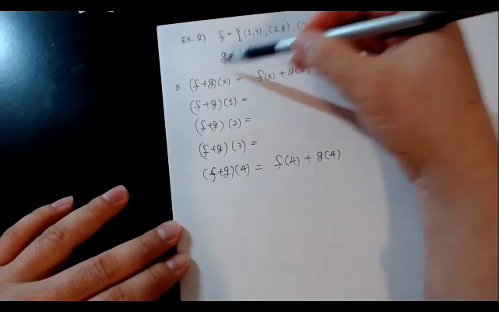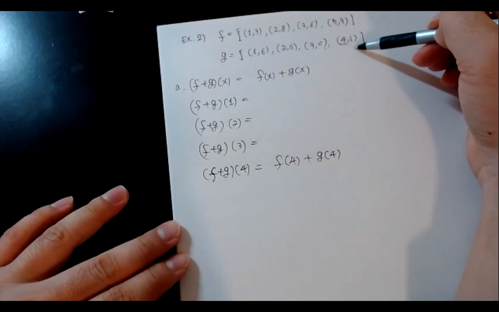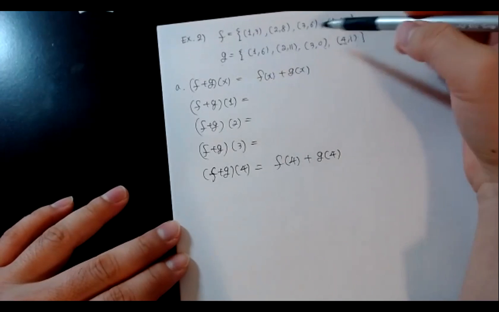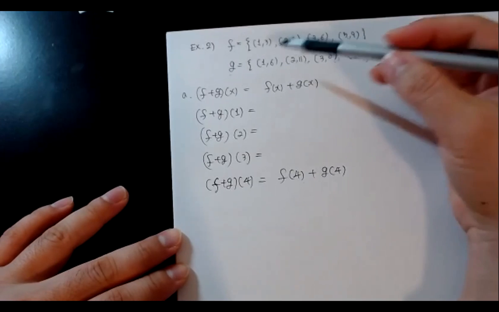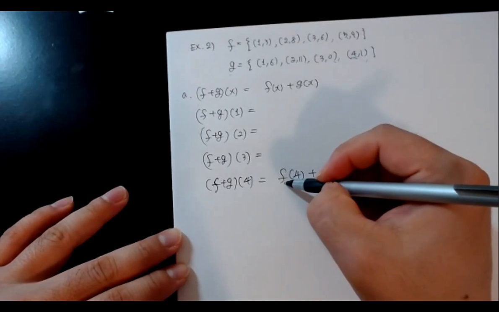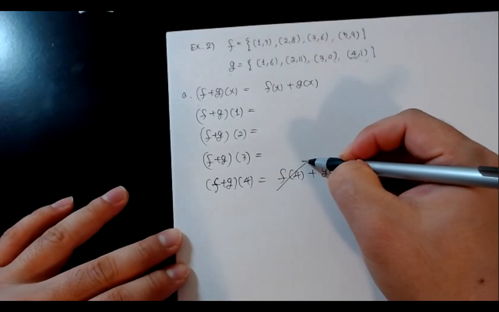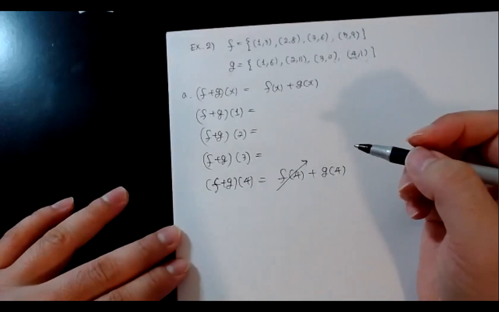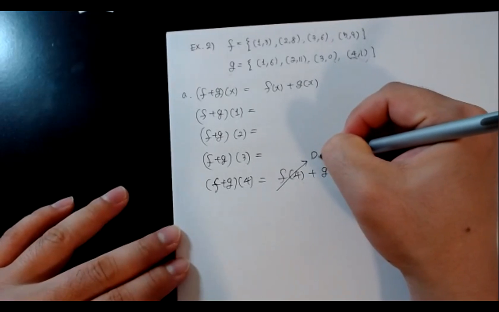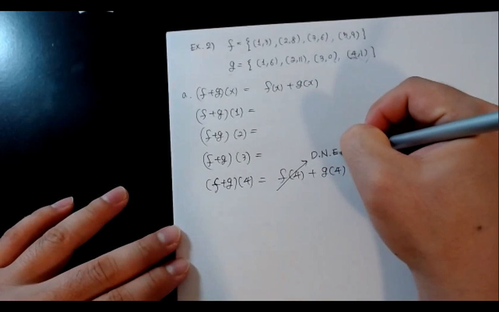But g of 4 is defined, which is 1, right? But what about f of 4? Since 4 is not in the domain of function f, f of 4 is not defined. It does not exist. In that case, we say DNE. DNE means does not exist.